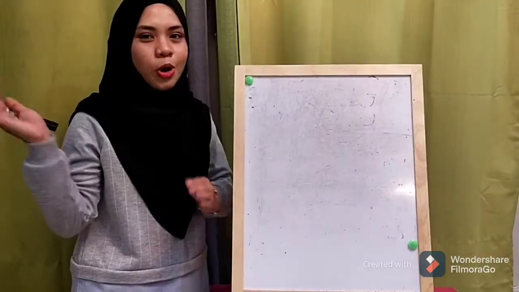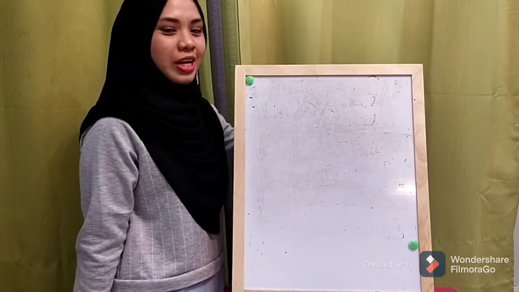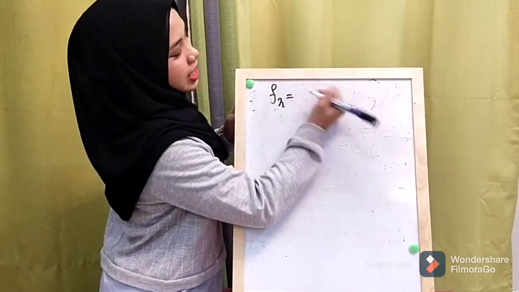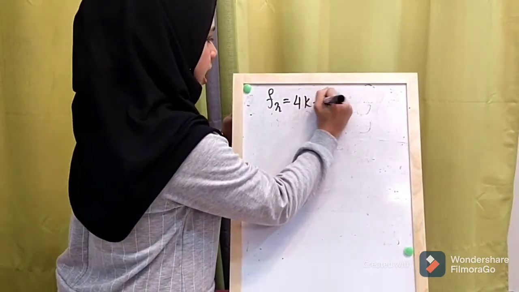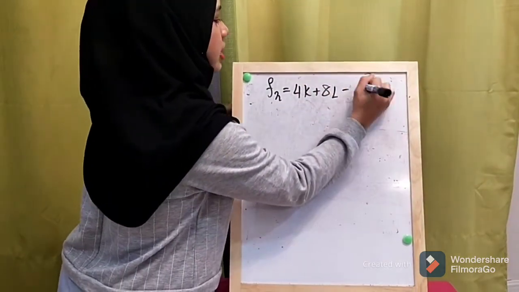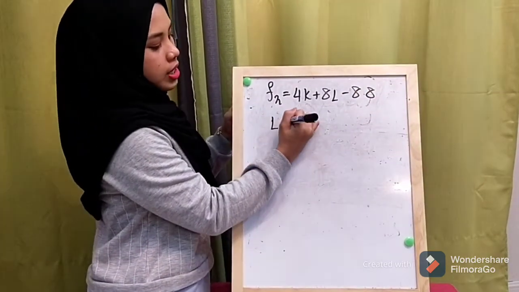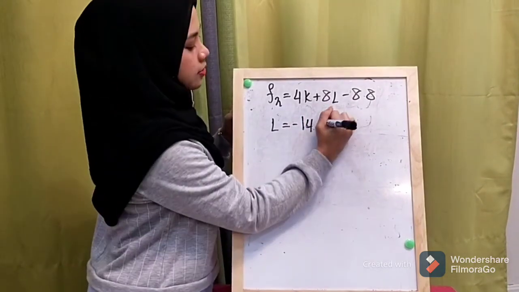So we're almost at the final step. Next, I'm going to share with you guys: I take the F lambda that we got just now, which is 4K plus 8L minus 88, and also the value of L that we got just now, which is negative 14 plus 4K.